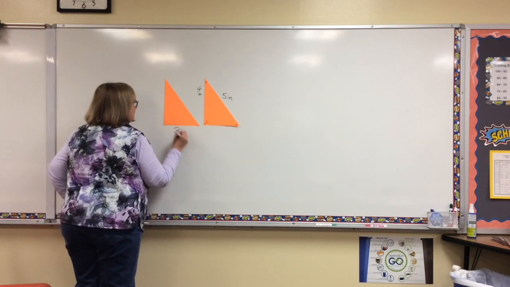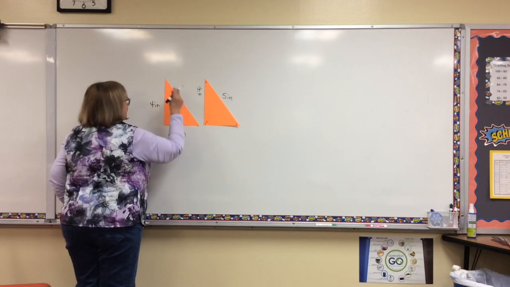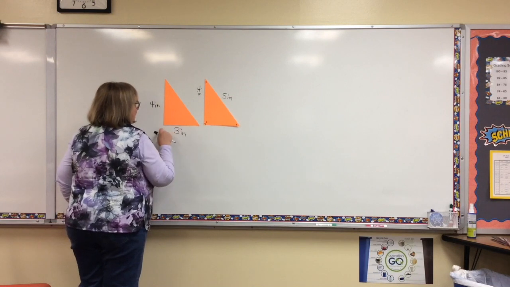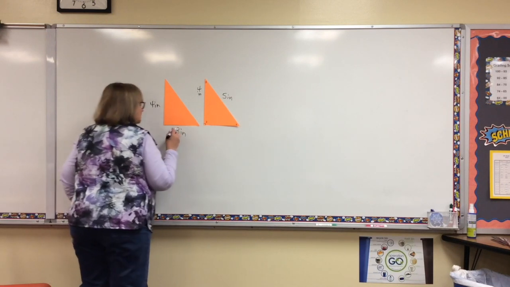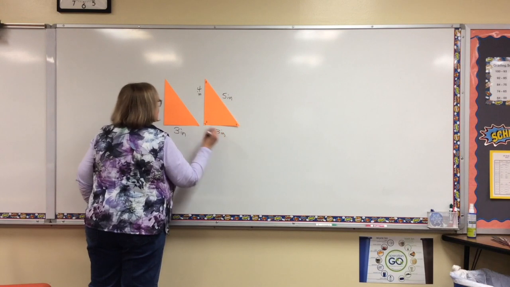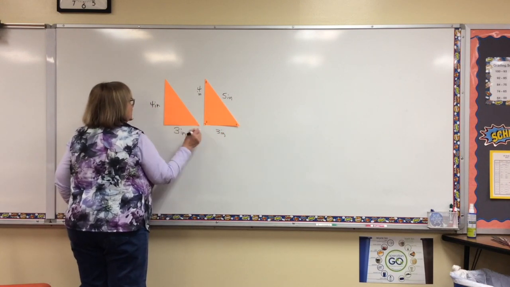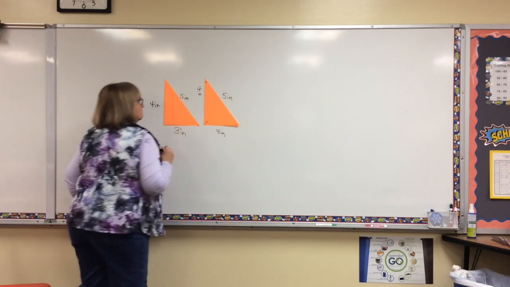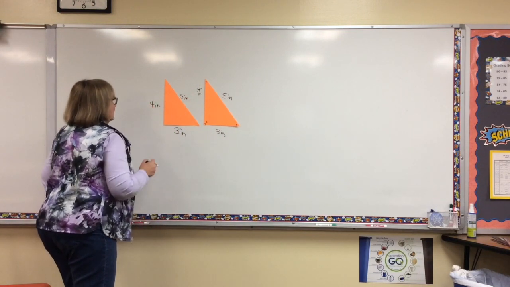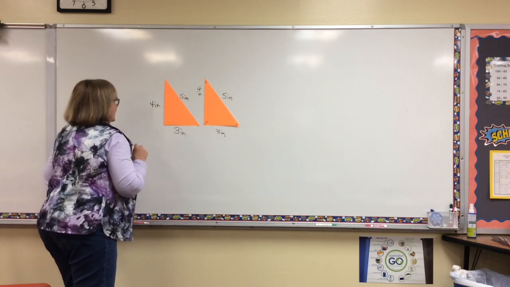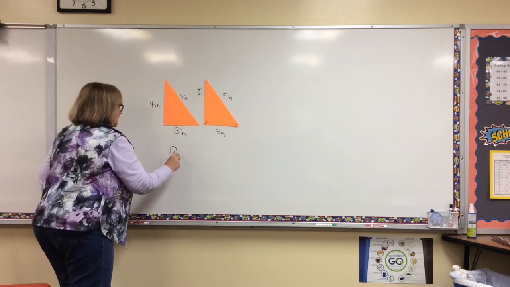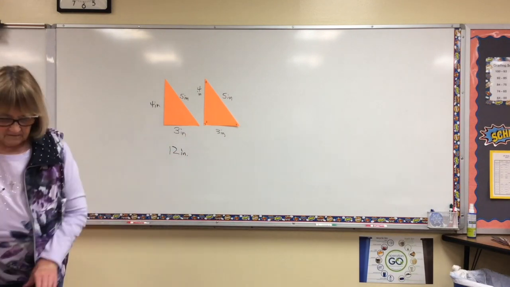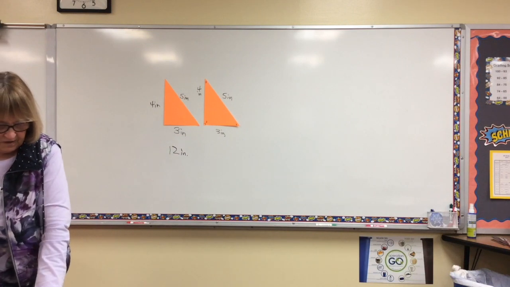This is 3 inches. This one was 4 inches. Didn't know what this one was. Now, because I can tell corresponding parts, this is 3 inches, that's 3 inches. If this is 4 inches, that's 4 inches, then guess what this one is? It's 5 inches. And 3 plus 5 is 8, and 4 is 12 inches for a perimeter, which is what you have there on example 1.